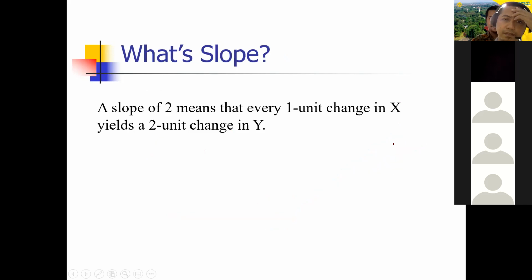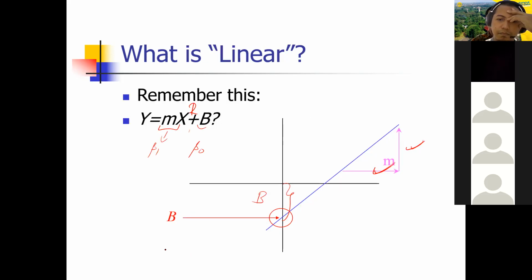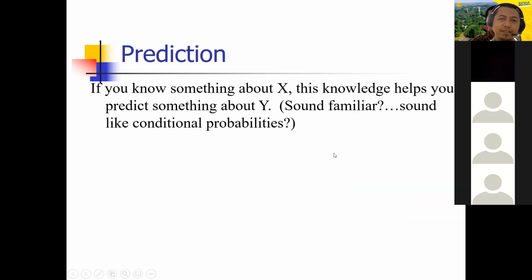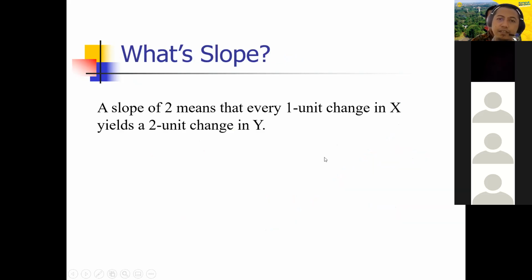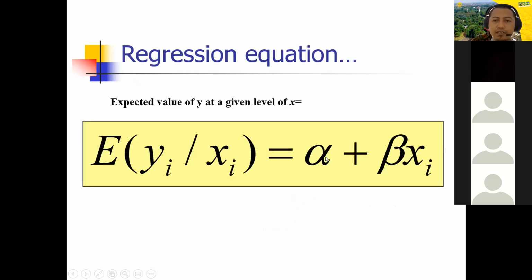Slope, yes, m also means slope. Actually we talk about the same person but with different names sometimes.